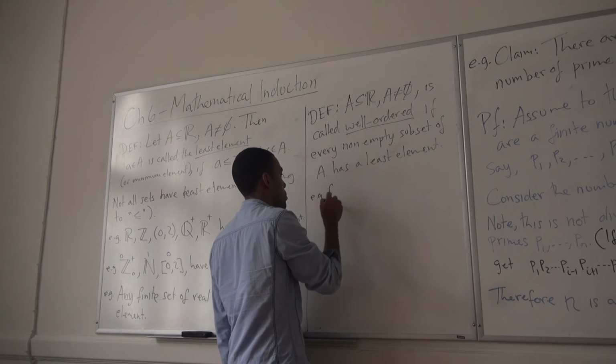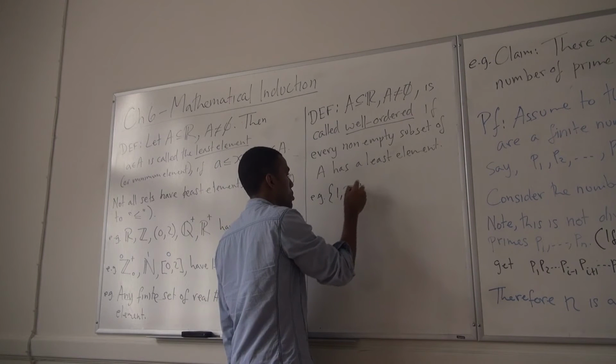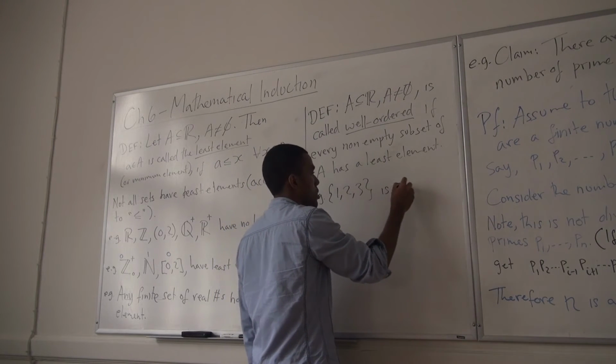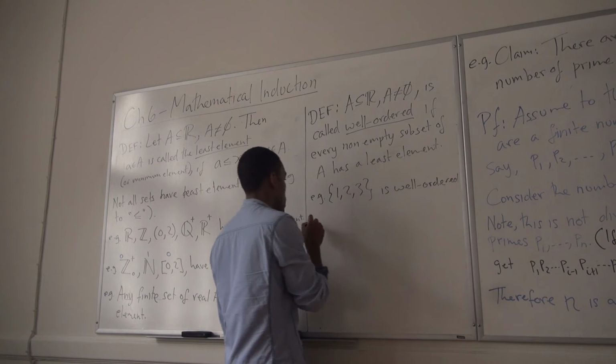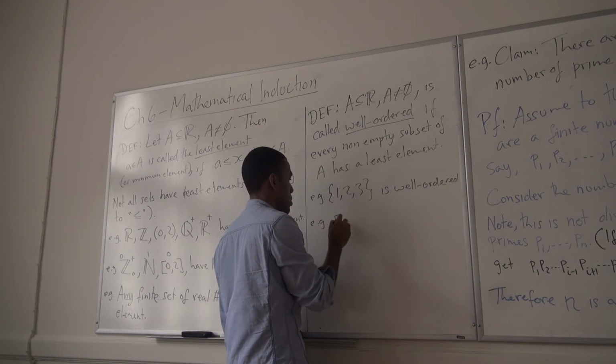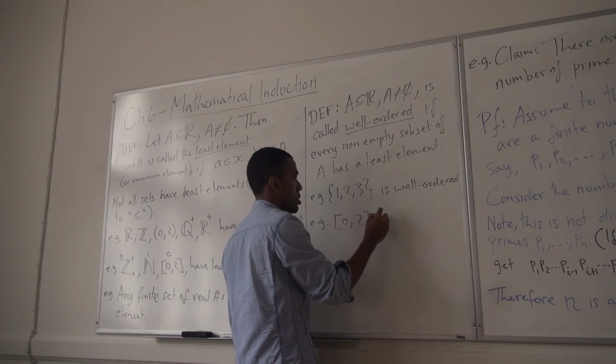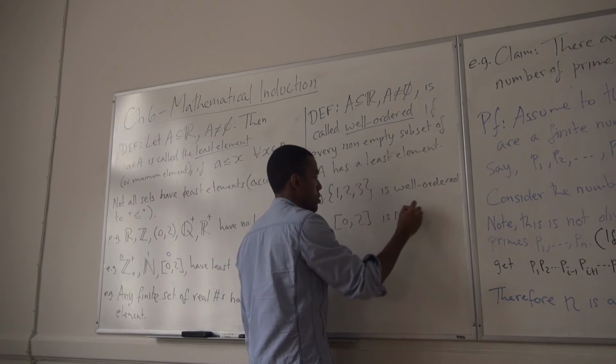Example: 1, 2, 3. That set is well ordered. While another example, again, if we take that closed interval, this is not well ordered.